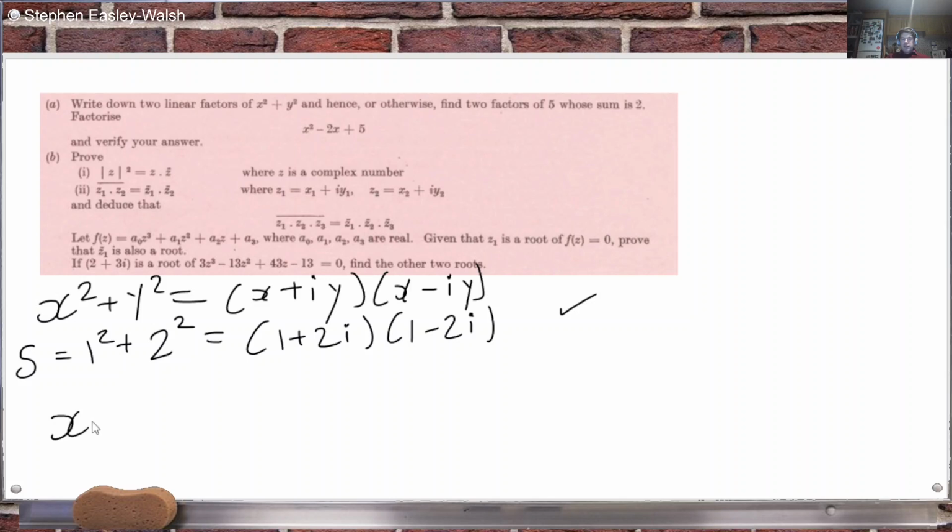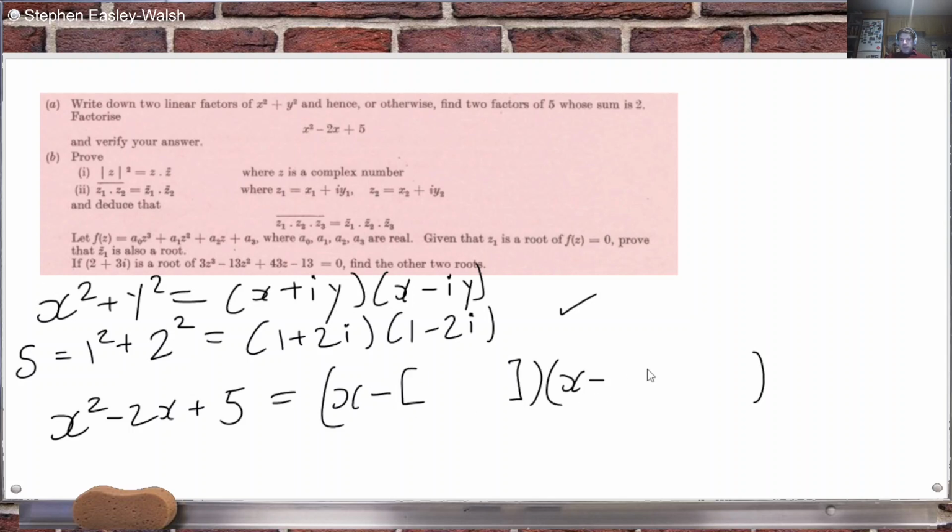And then to factorize this, x squared minus 2x plus 5, that's equal to 2 factors here. x minus and x minus. And we need two numbers that multiply to make 5 and add to make 2.